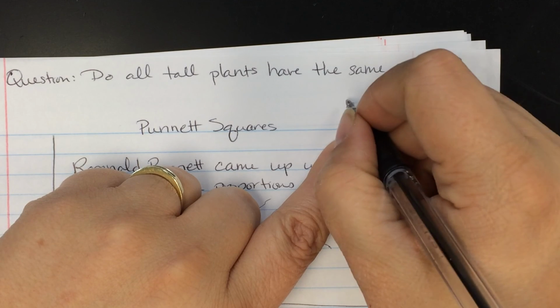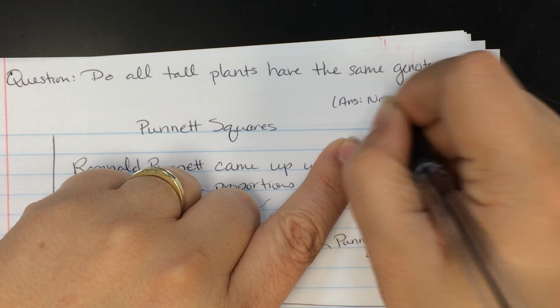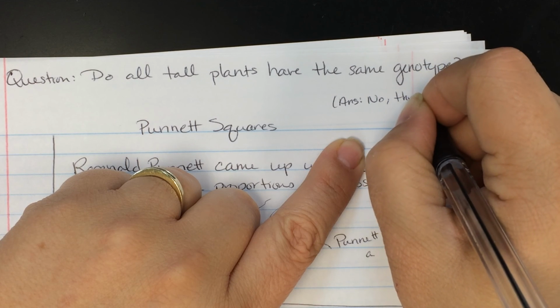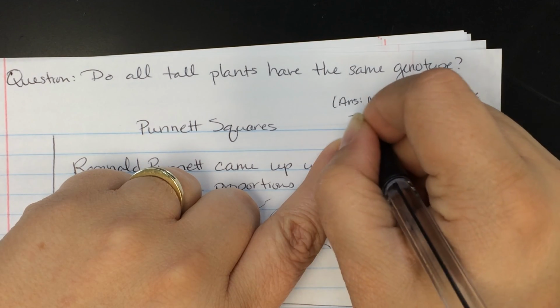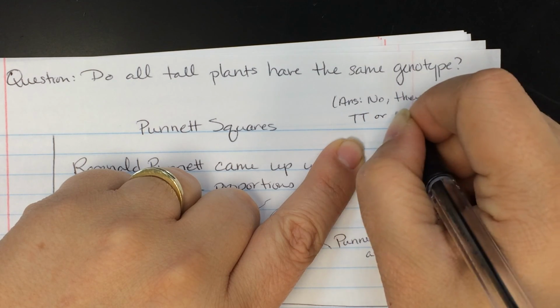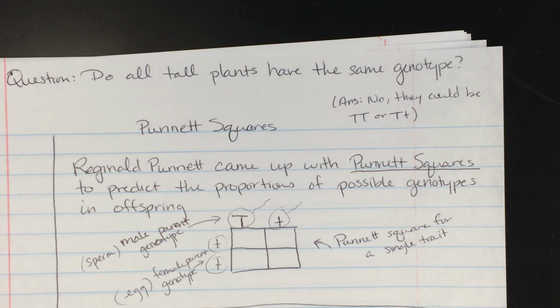And so here we could put our little answer is no. They could be big T, or big T, little t. Just depends upon the situation, and really the best way to tell is to look at their parents.